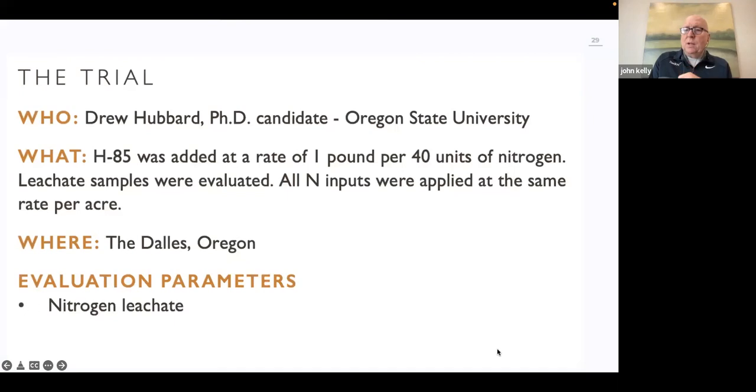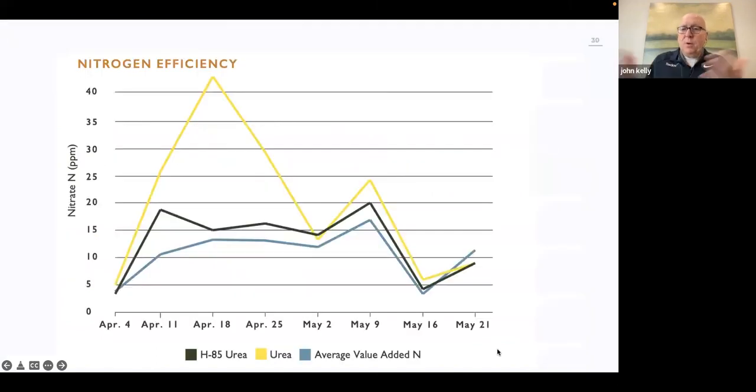The second one I'll refer to is Dr. Drew Hubbard. This was done in Oregon. It's a nitrate leaching study. And very quickly, what they found is when you take straight nitrogen in the form of urea, you can see that yellow bar. What that is showing is the amount of nitrate that is leaching past the root zone.